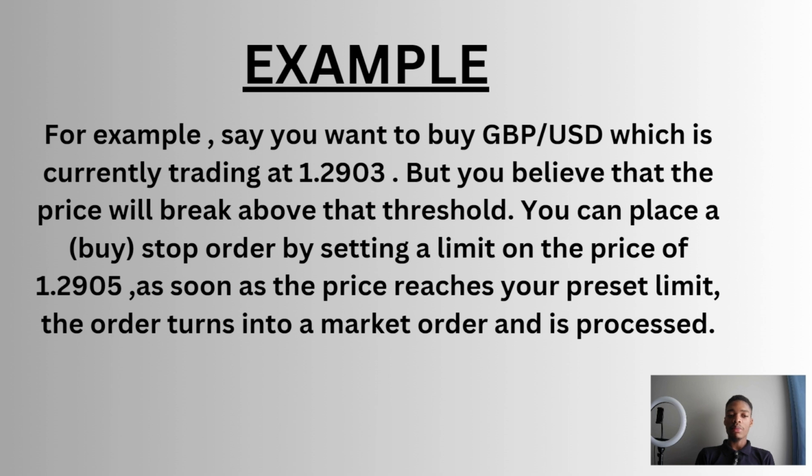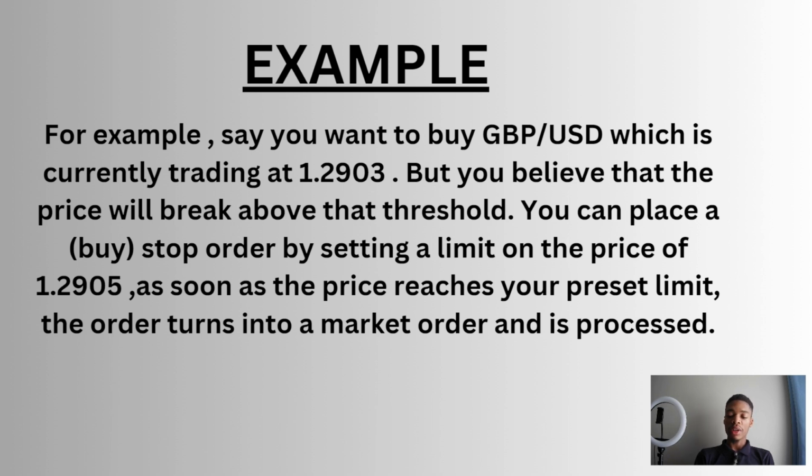So in this example, as soon as price hits that 1.2905 limit that we had set out, automatically I'm entering into the trade at a buy. So I set a price higher than what the current market price is trading at, anticipating that it's going to keep rising, and once it does that, then I'm automatically in the trade for a buy.